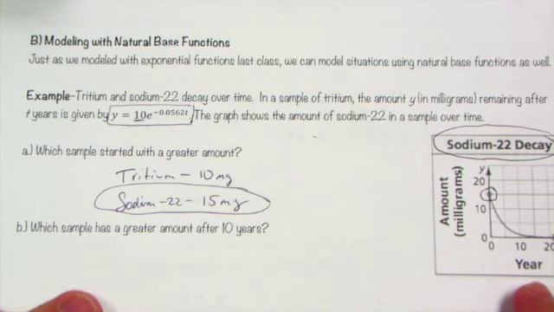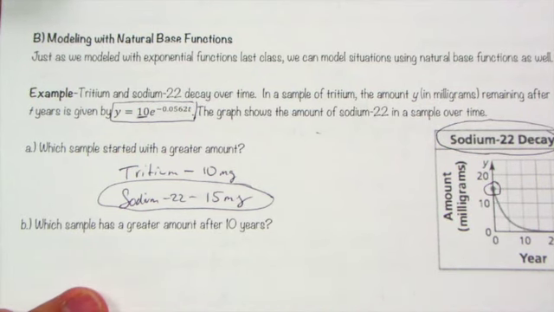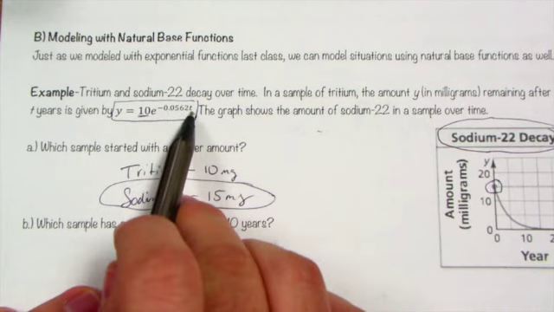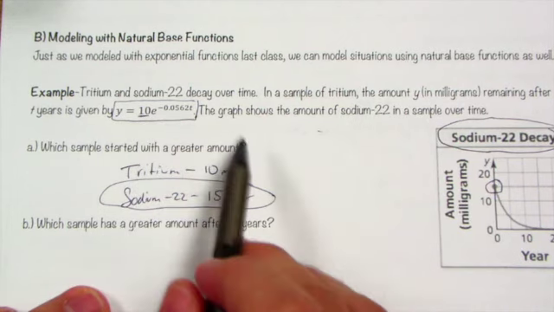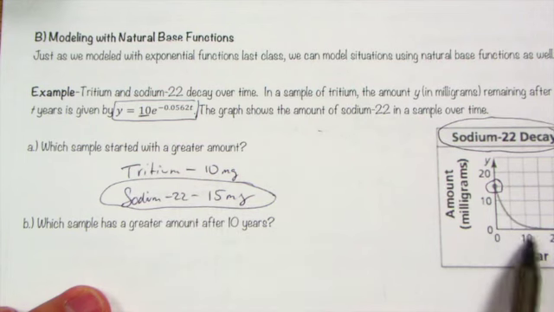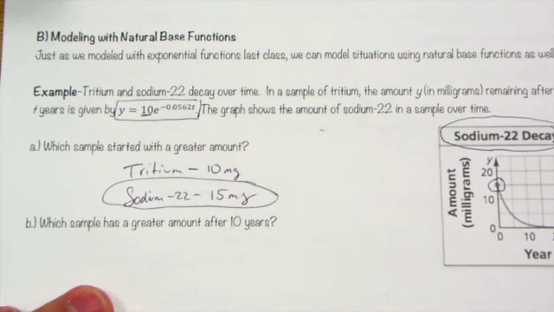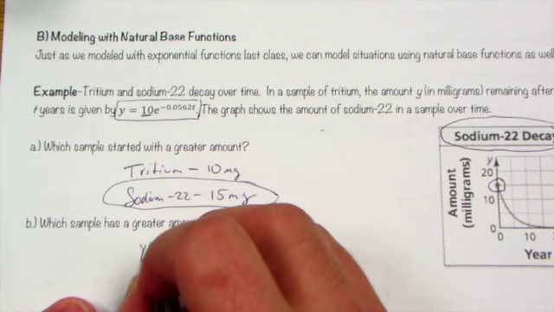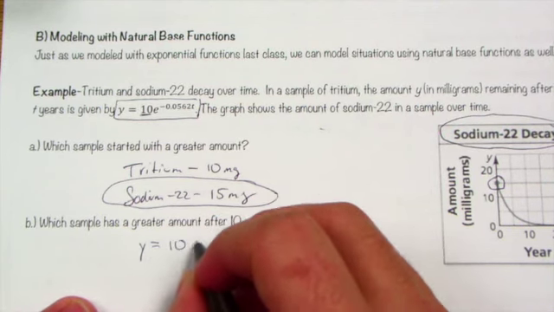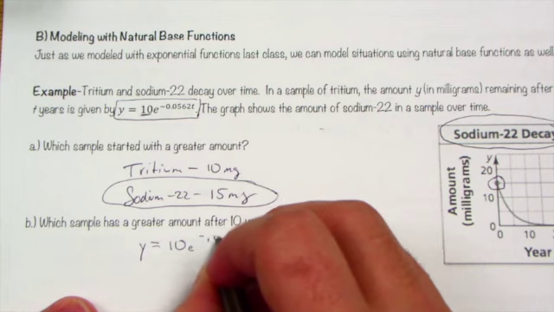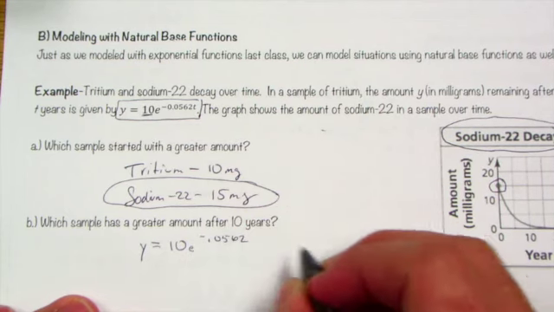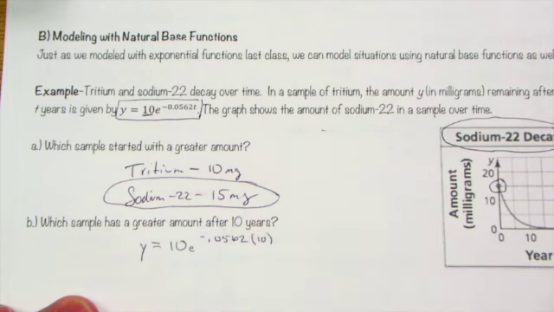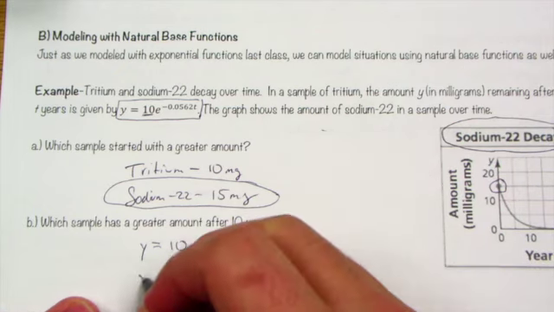Sorry, B: which sample has a greater amount after 10 years? This is where we need the function to look at 10 years and see where it's at, and compare it to the graph over here. For the equation, this is quite simple because we can just plug it into our calculator: y equals 10e to the negative 0.0562t, with t as 10 years.